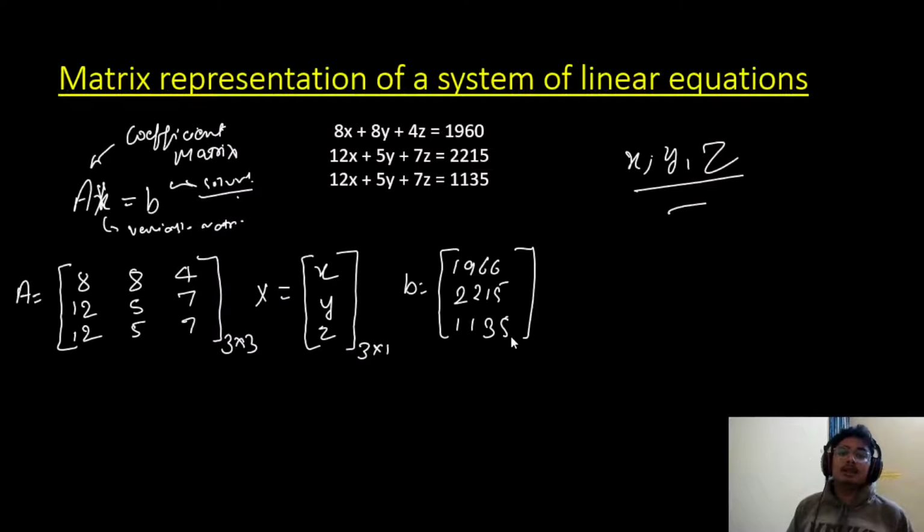So this is the matrix representation of a linear equation. What we do is write a coefficient matrix, a variable matrix, and a constant matrix.